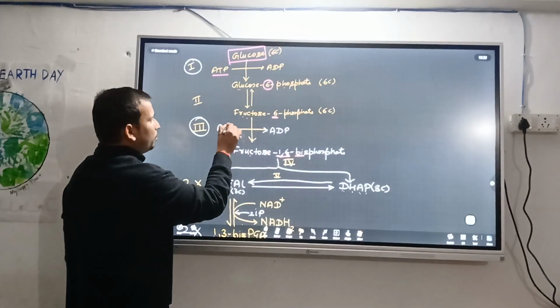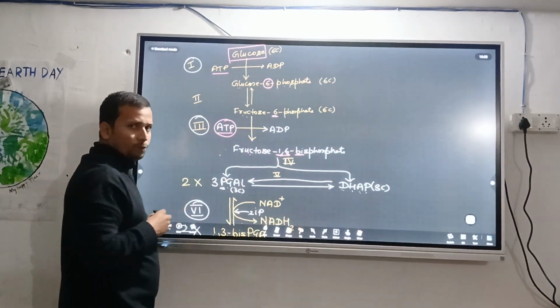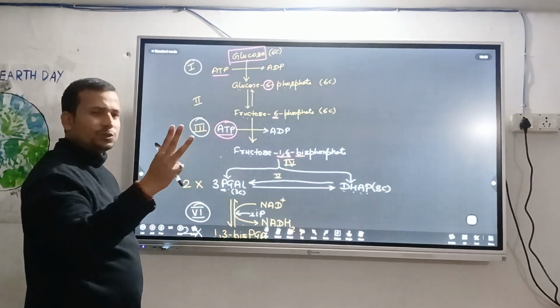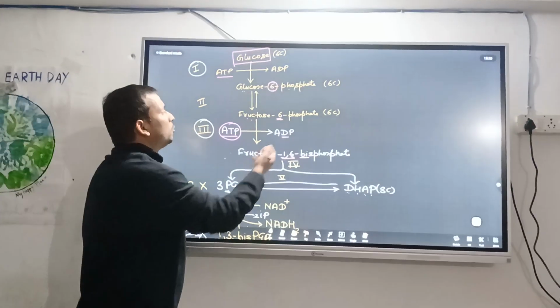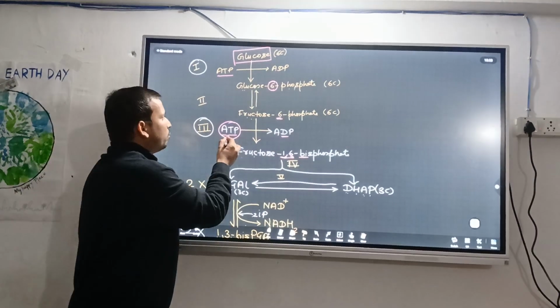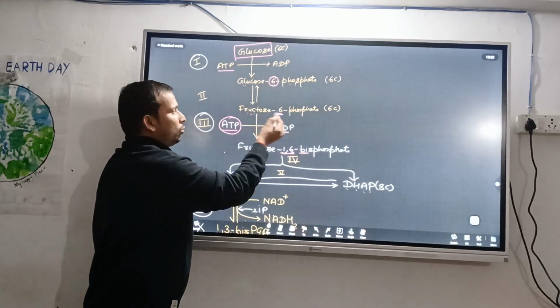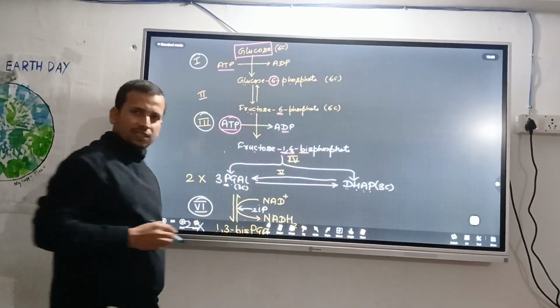Where did you take the extra phosphate from? ATP. ATP has 3 phosphate and ADP has 2 phosphate. So 1 phosphate is given to fructose 6 phosphate, becoming fructose 1,6-bisphosphate.